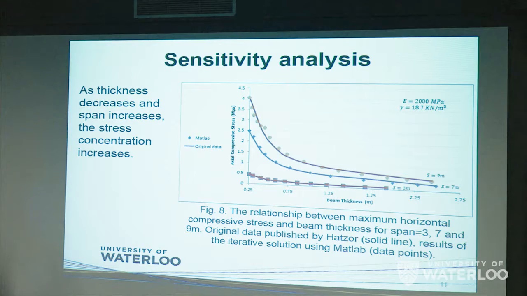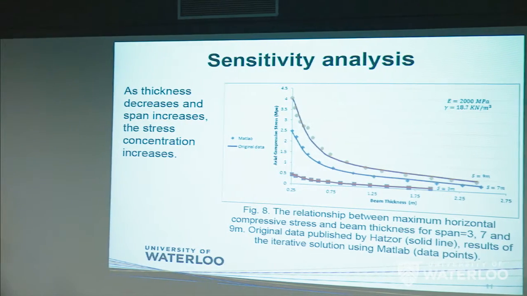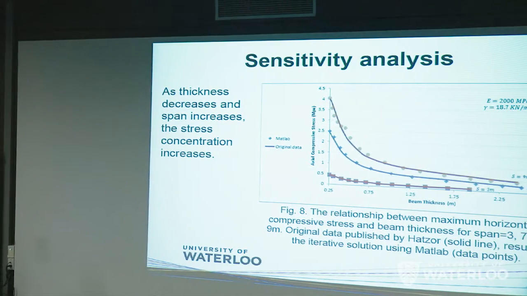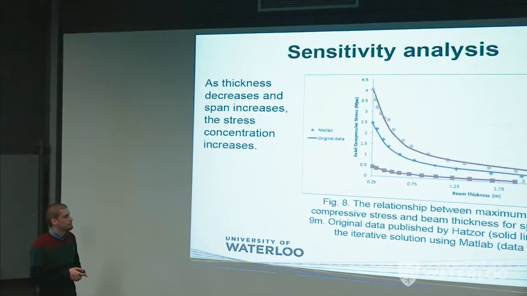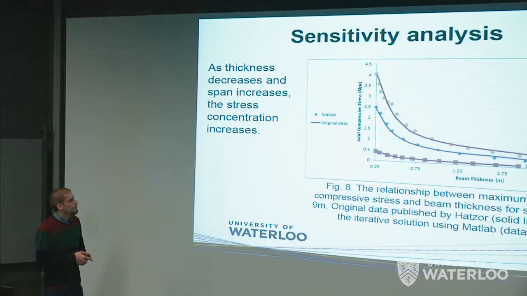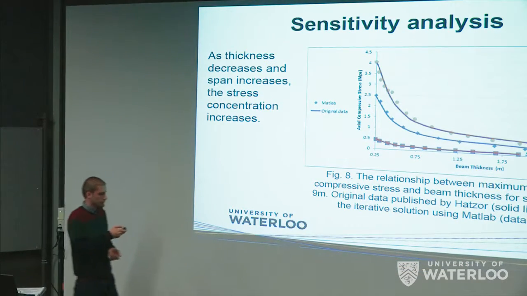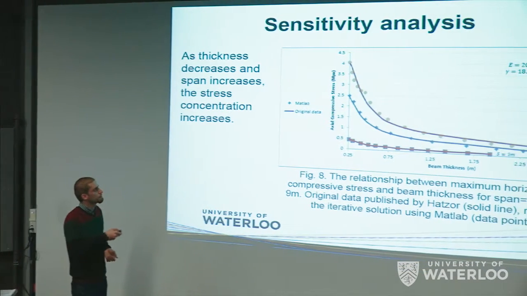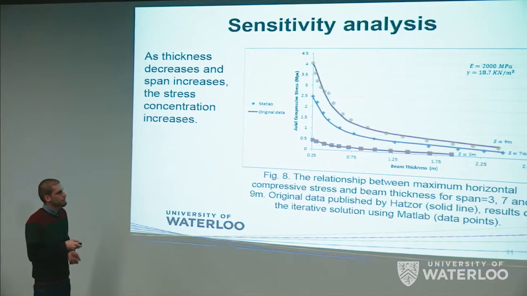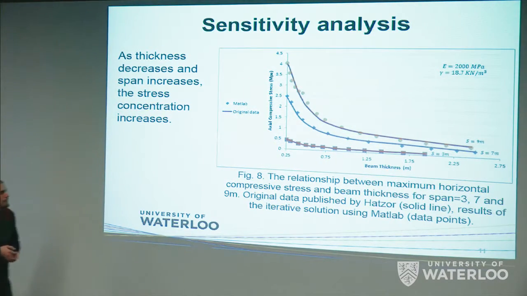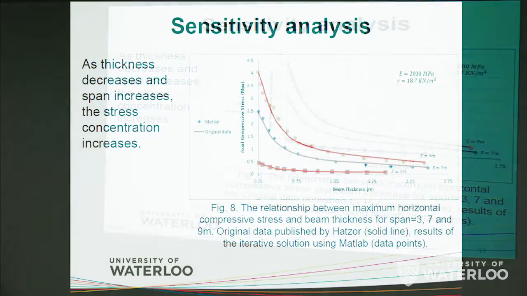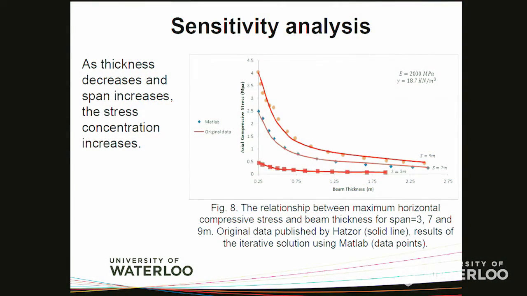Let's go to some of the results. It's not all we can get from the Voussoir beam, but just for better understanding, let's discuss some of the results, some sensitivity analysis. This figure shows the axial compressive stress with respect to beam thickness for different spans, 3 meter, 7 meter, and 9 meter. As the beam thickness increases, the axial compressive stress decreases.